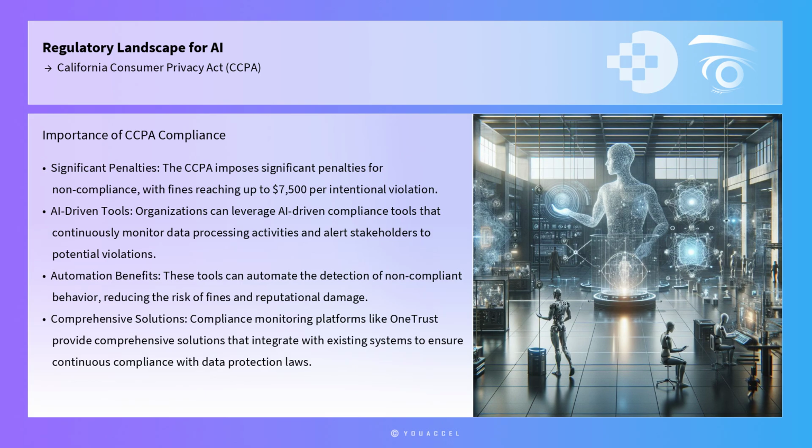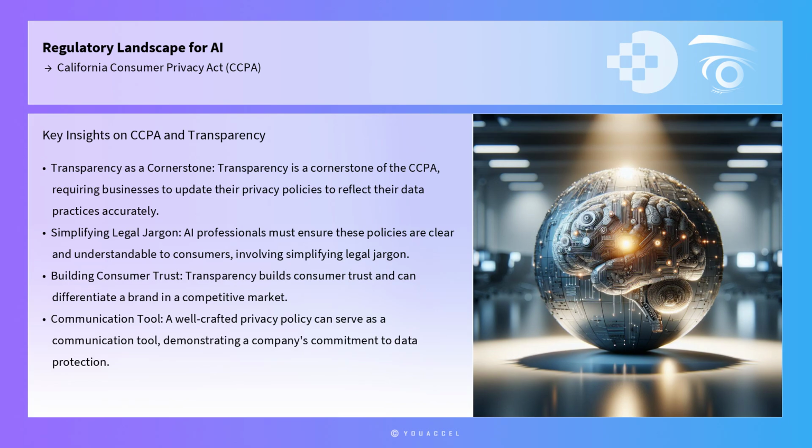These tools can automate the detection of non-compliant behavior, reducing the risk of fines and reputational damage. For instance, compliance monitoring platforms like OneTrust provide comprehensive solutions that integrate with existing systems to ensure continuous compliance with data protection laws. Furthermore, transparency is a cornerstone of the CCPA, requiring businesses to update their privacy policies to reflect their data practices accurately.